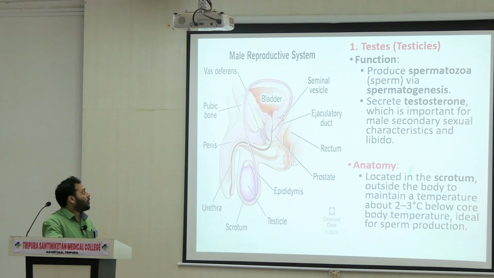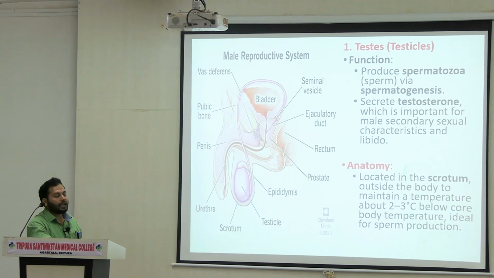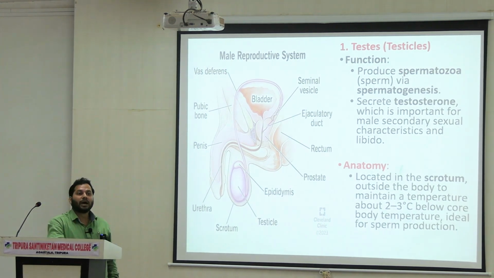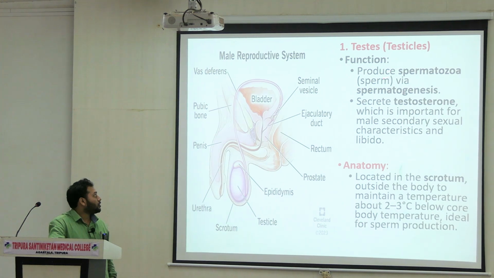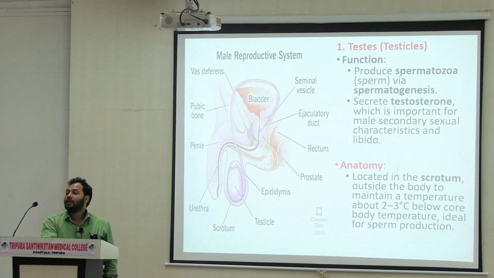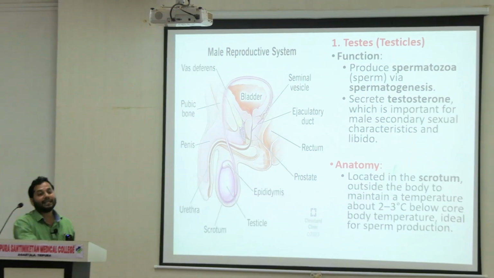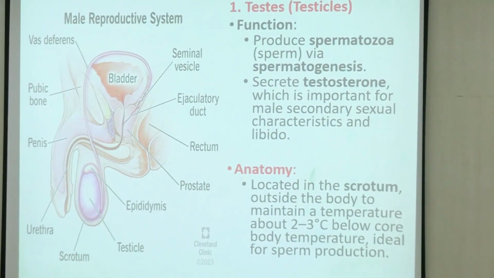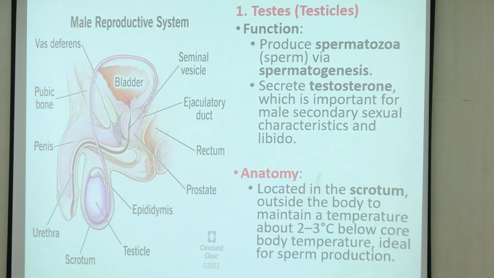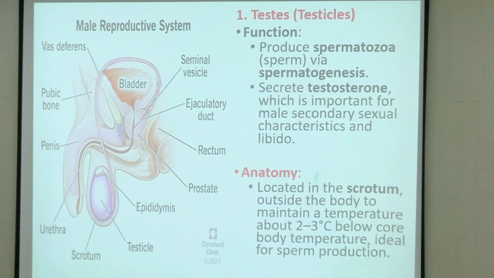So what is the most important function of the testis? You can see the testicles. These testicles are involved in the formation of spermatozoa, also known as sperm. The formation of spermatozoa is carried out by a specific physiological process. The name of that process is spermatogenesis.